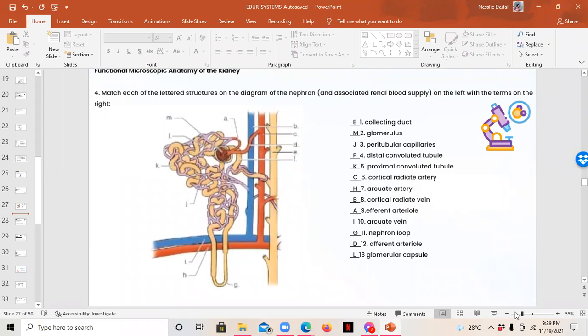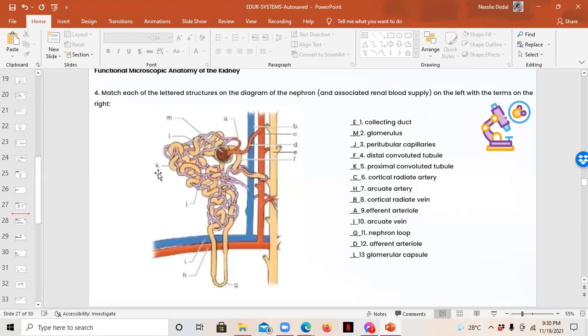Number 1, collecting duct, answer is letter E. Number 2, glomerulus, M. Number 3, peritubular capillaries, letter J. Number 4, distal convoluted tubule, letter F. Number 5, proximal convoluted tubule, letter K. Number 6, cortical radiate artery, letter C. Number 7, arcuate artery, letter H. Number 8, cortical radiate vein, letter B.